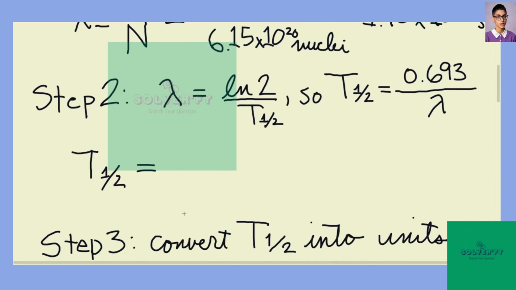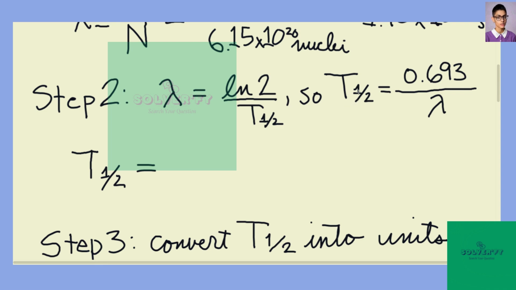Now that we have the decay constant, we can use that to solve for the half-life in seconds of samarium-147. We know that because we have the relation of decay constant to half-life of natural log of 2 divided by the half-life in seconds.